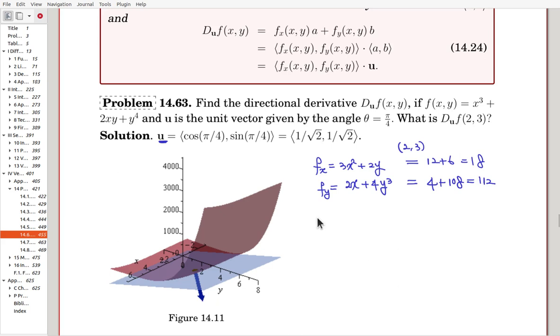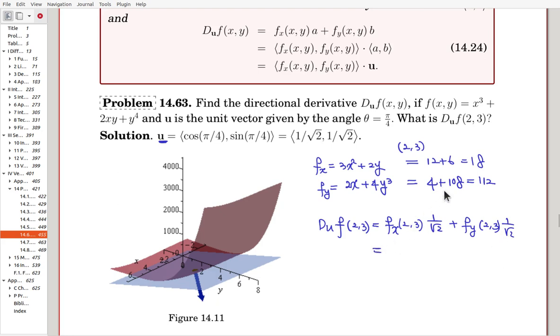So we have here D_u f at (2, 3). That is the same as f sub x at the point times a, which is 1 over square root of 2, plus f sub y at (2, 3) times 1 over square root of 2.